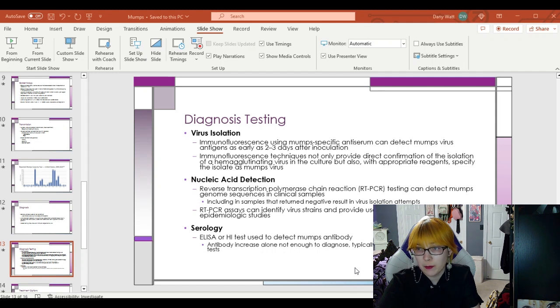Like if you had mumps as a kid and you developed the antibody and it's still in your system, or if you got the vaccine and it's still in your system, it can return a false positive. You'll have the antibody, but you don't have the actual disease. So that's typically used with the other tests rather than by itself.